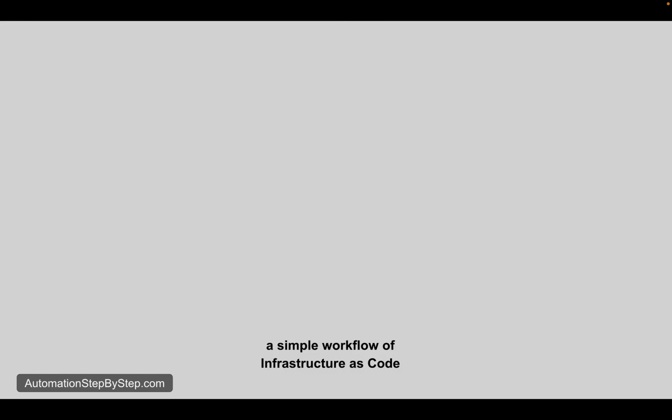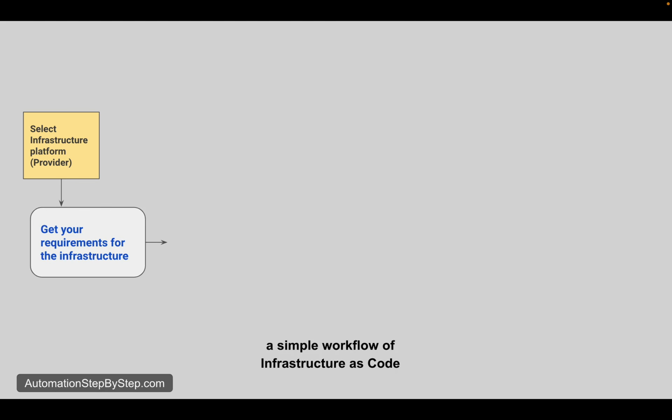Okay, let us see a very simple workflow of IAC. So here we first select our infrastructure platform, and in general terms we also call it a provider. It can be something like AWS or Google Cloud Platform, Microsoft Azure, etc. Then we get all our infrastructure requirements, and then we write the requirements in a configuration file.